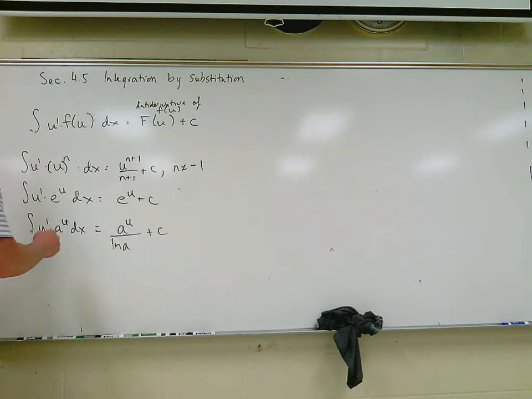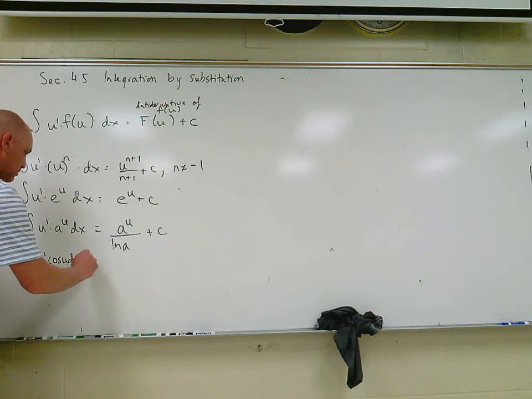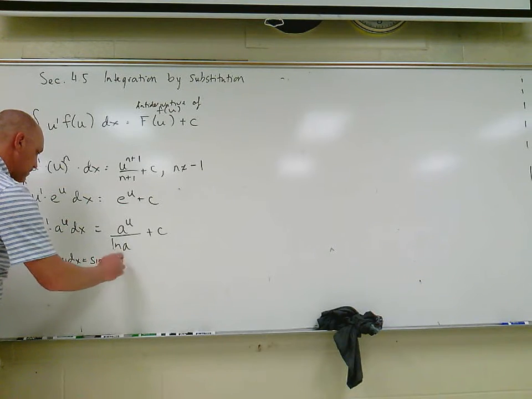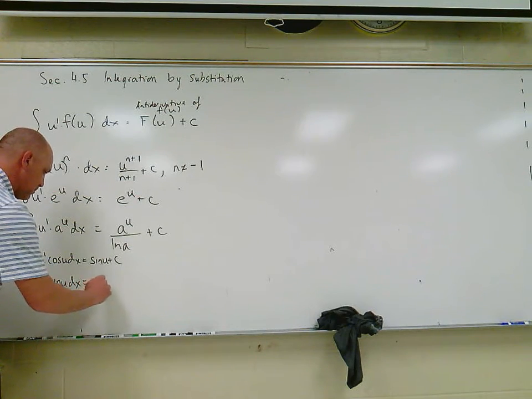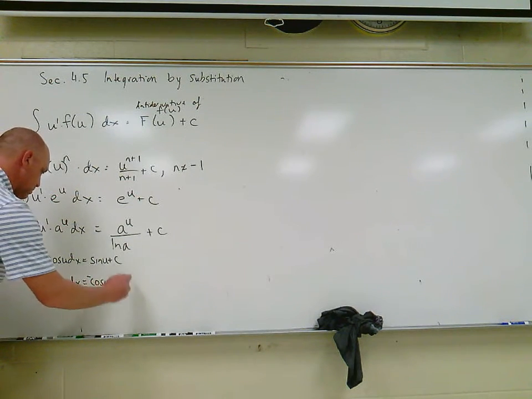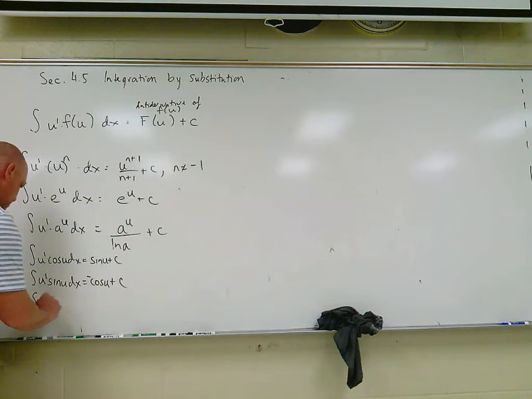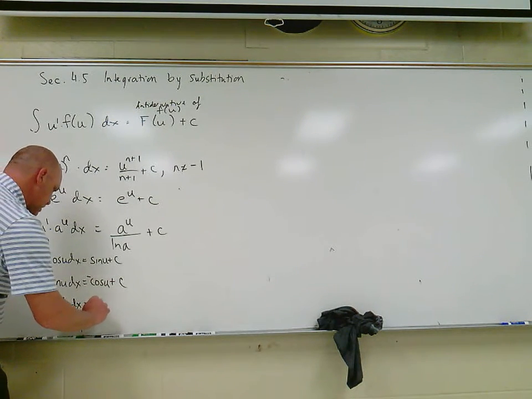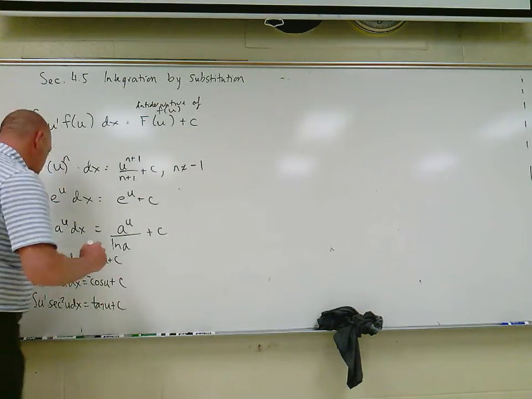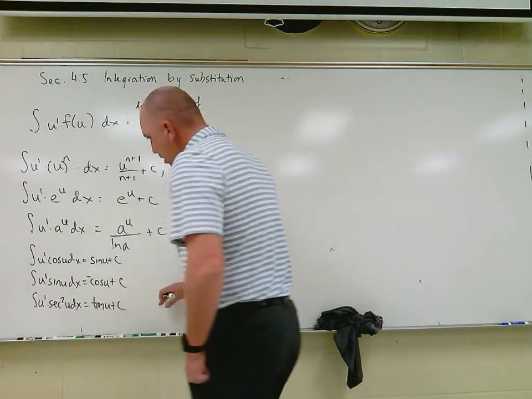All right, and then you had your trig ones, right? So we had u prime cosine of u is sine u plus c. U prime sine u is negative cosine u plus c. U prime secant squared u is tangent u plus c. I'll put the other three here.